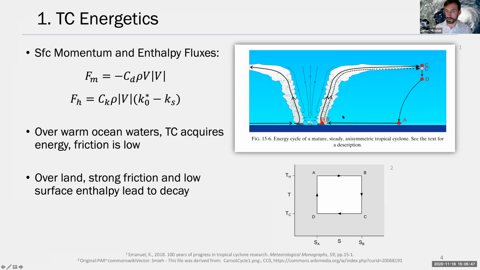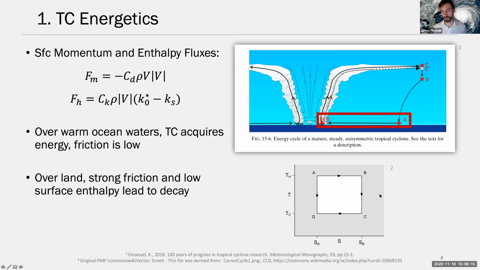You have an inflowing branch, A to B. This is an isothermal expansion process where the inflow collects energy from the surface. And then from B to C, water vapor is condensed out as latent heating, and this latent heat is converted into mechanical energy, which the storm uses to do work. The loop closes with adiabatic contraction and a theoretical subsidence back to point A.